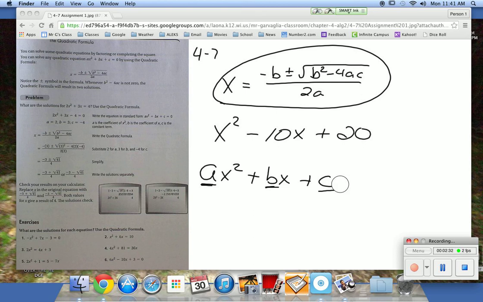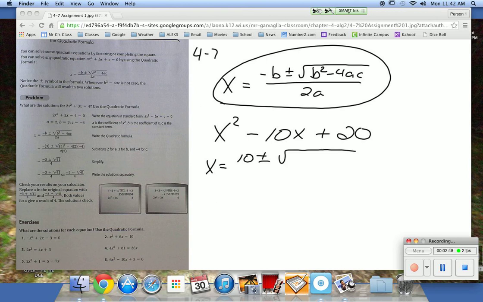So let's try it once. X is going to equal a negative b. Now we've got a negative 10 here, so this is just going to be 10, plus or minus the square root of b squared, which is 100, minus 4 times a.